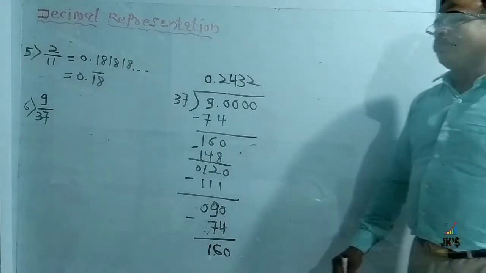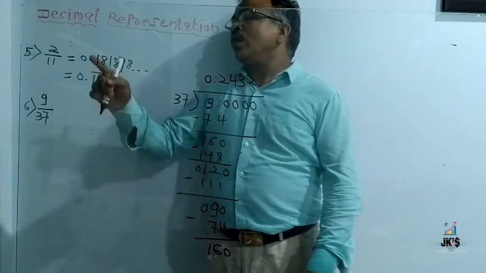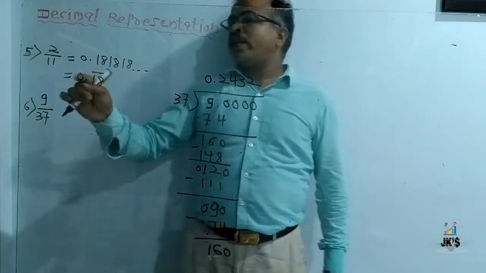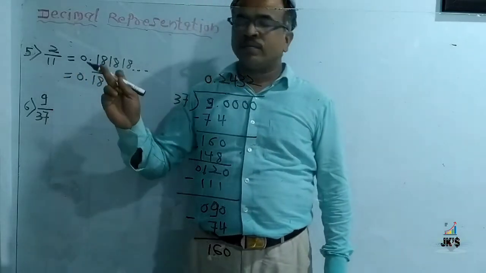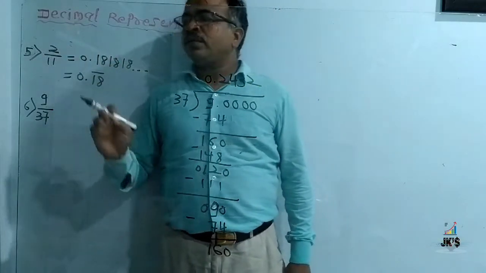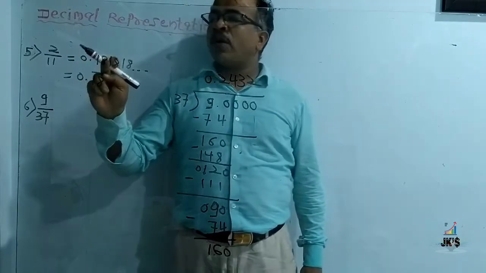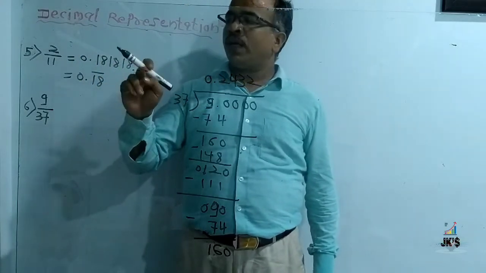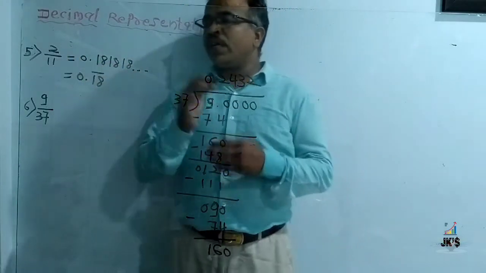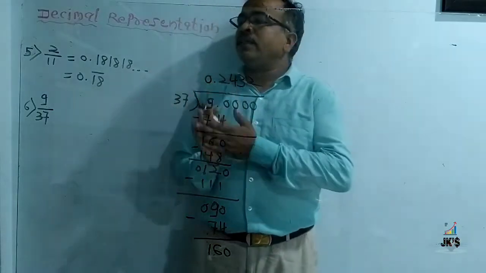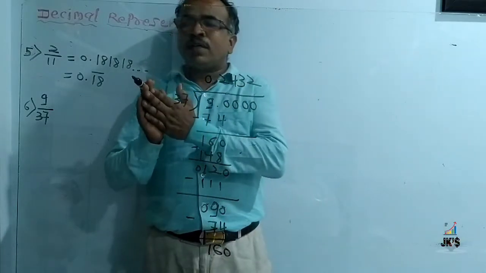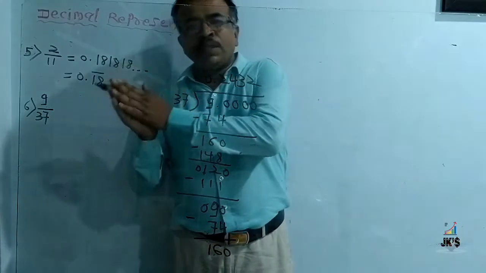Just see, we take one example, 2 upon 11. When we divide 2 by 11, the process repeats as 0.181818. When we continue this process, the next number is 18, so this 18 gets continually repeated.